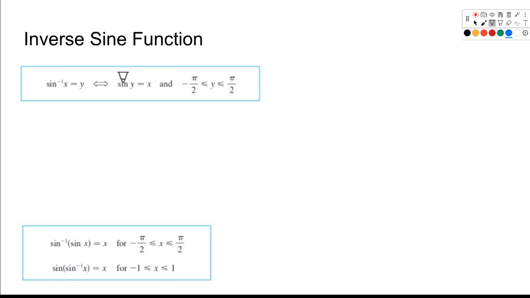When you put that x in there, that'll give you back the angle. So in this definition, y is an angle measured from negative pi over 2 to pi over 2, and x is, in this case, a sine value, a function value.